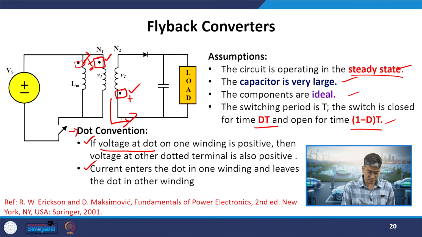So, the current should flow in this direction, or it should leave the positive terminal. Then the power which was drawn from the source via the transformer is being fed to the load. Okay. So, when I say the dot with respect to the voltages at any given point of time, if one of the dots is positive, the other dot will be positive at that point of time. When the current is entering one of the dots, it will be leaving the other dot at that instant of time.